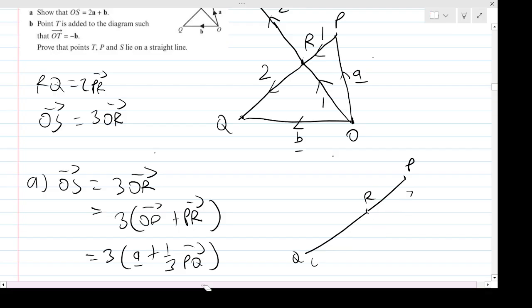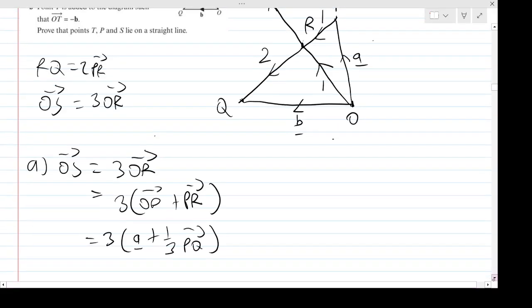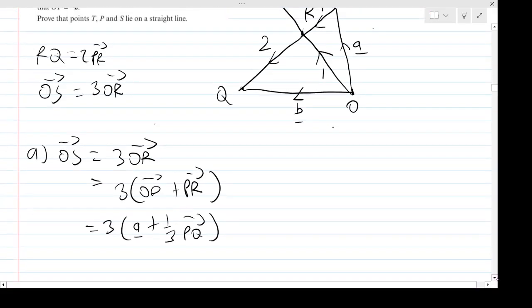Hopefully you can see that PR is a third of PQ, the whole line. Now we need to find P to Q because we're not given that either. So now we need 3 lots of A, and then a third of PQ.